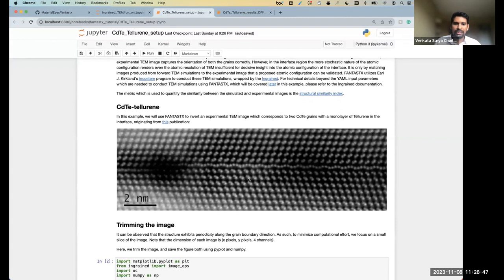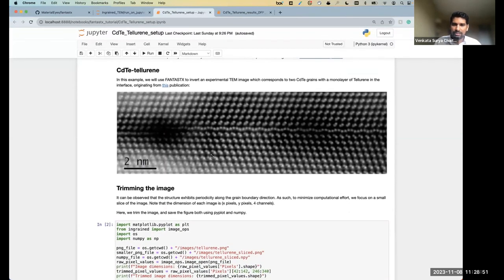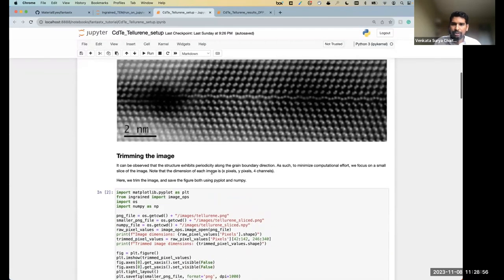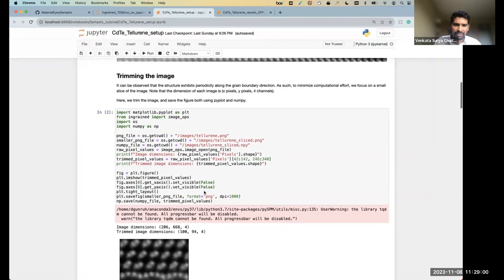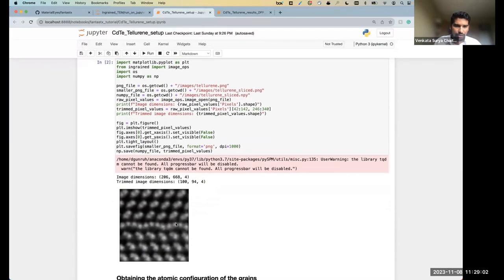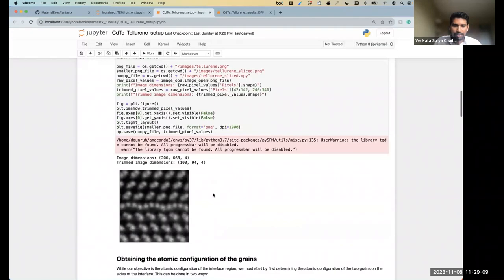And first we need to trim the experimental image so that we are making it clean and free from any defects. So in this particular example, we chose this particular area in the middle to be our experimental target.